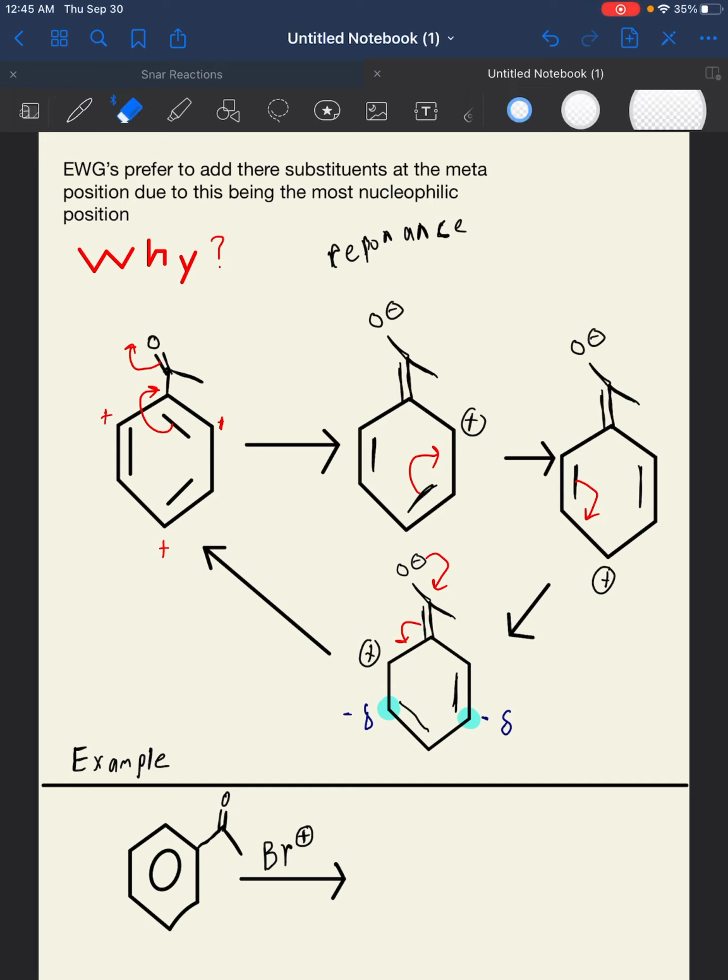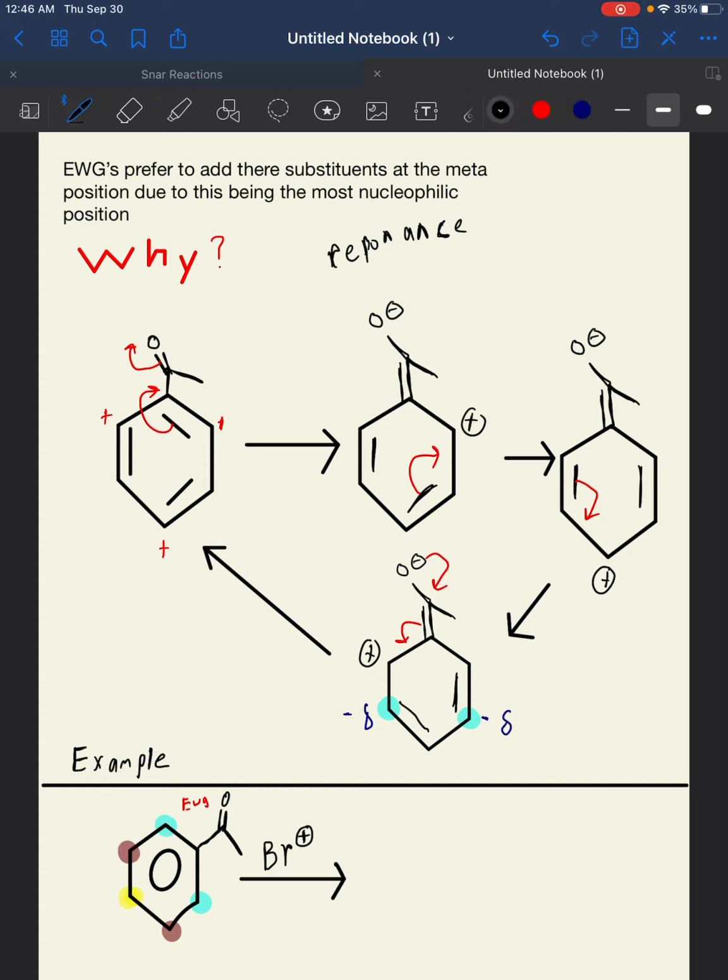Let's do a quick example just so you guys figure this out. We have an electron withdrawing group right here. We have Br plus as our electrophile. We have our ortho positions labeled in blue, our para position labeled in yellow, and our meta positions labeled in red.